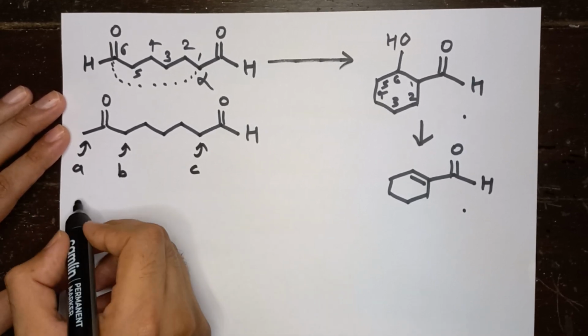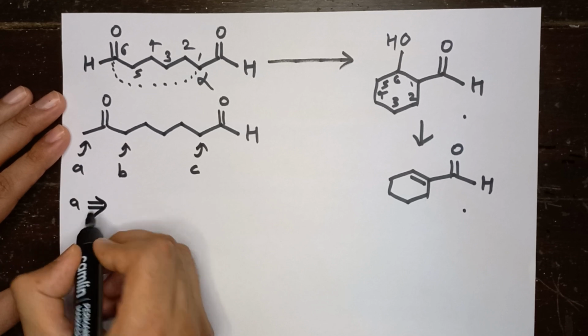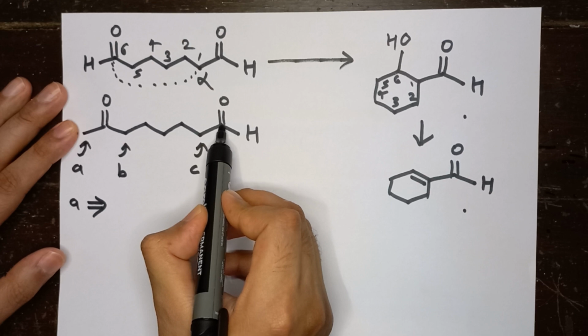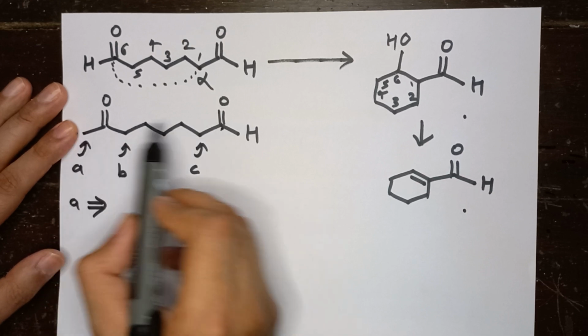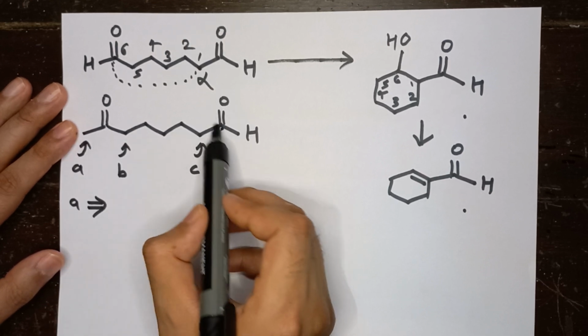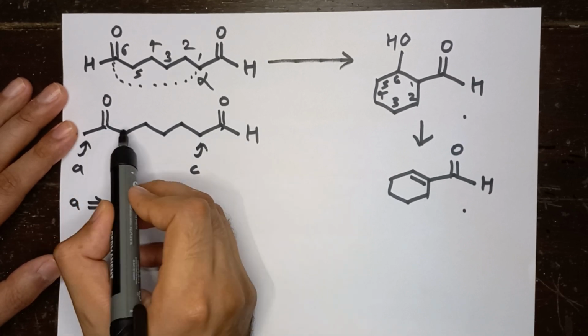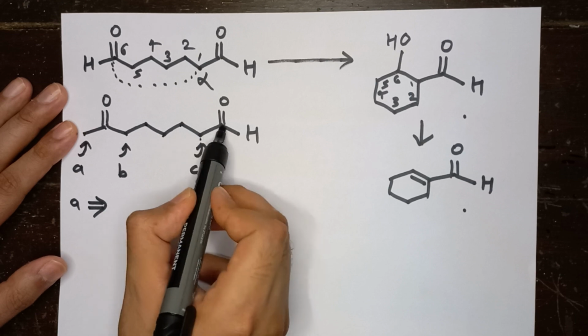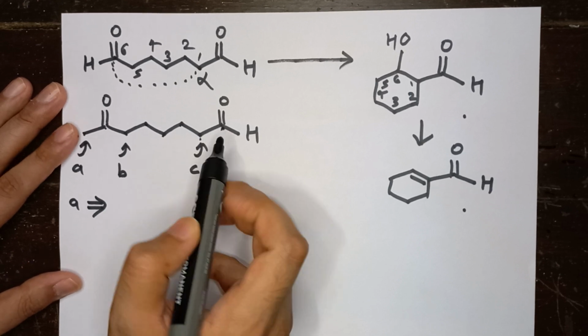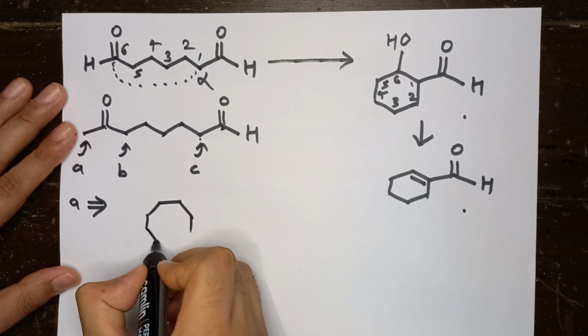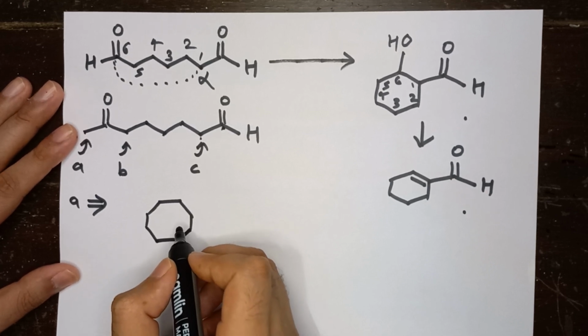Let's draw the product from A. So connect this carbon with this carbon, connecting this alpha carbon with this carbonyl carbon and converting into OH. So we are forming a 1, 2, 3, 4, 5, 6, 7, 8, an 8-membered ring. So this is my 8-membered ring.